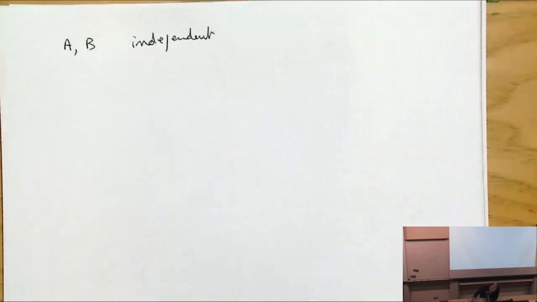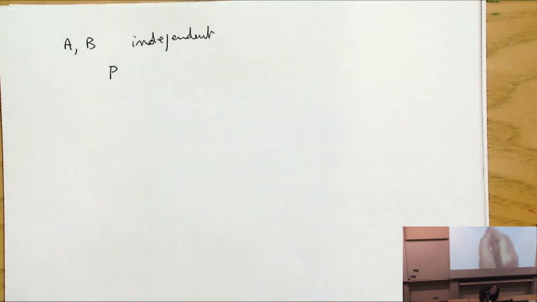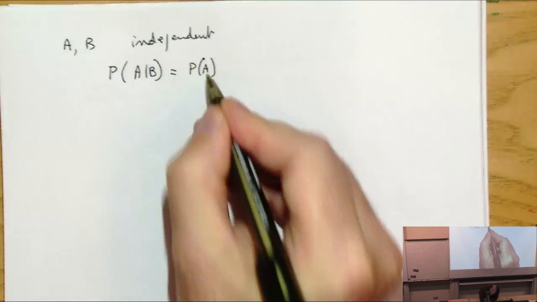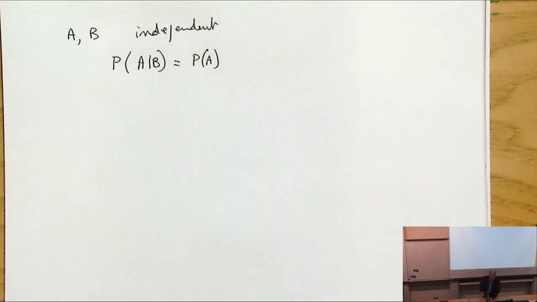So we define two events independent if the conditional probability P of A given B is equal to P of A, right? So in this case, the occurrence of B does not influence the occurrence of A. That's the definition of having two events, A and B, being independent.